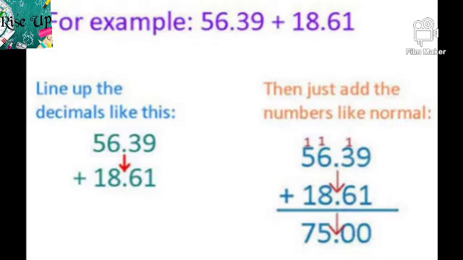So 5 plus 1 is 6, 6 plus 1 is 7. So what is the answer? You get 75.00. You can read it as 75 as well. Since the 0 has no value, we can just read it as 75. So I guess you have understood addition of decimals is very simple.